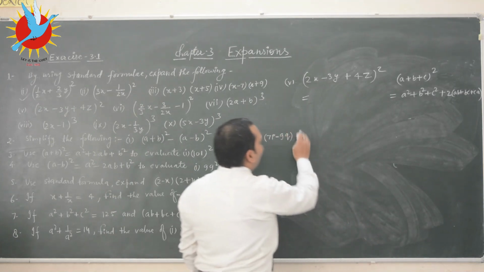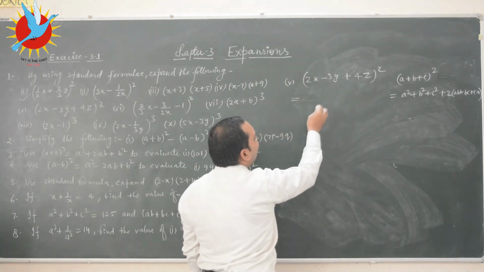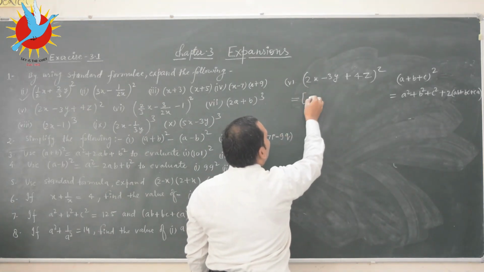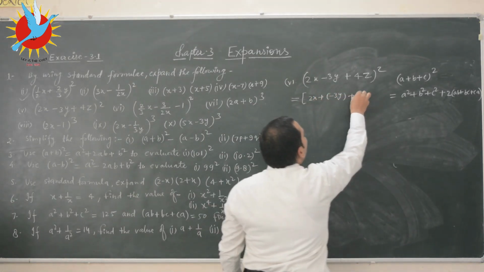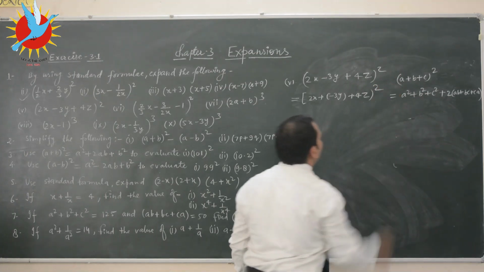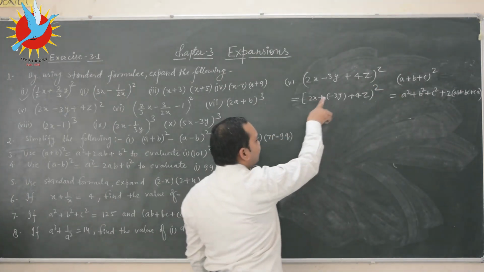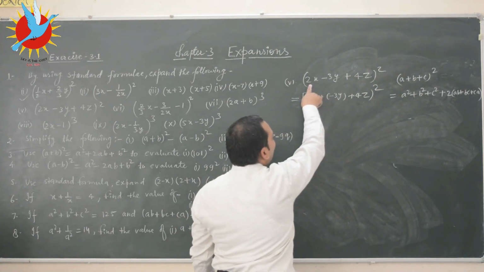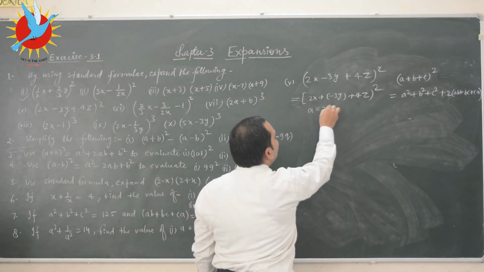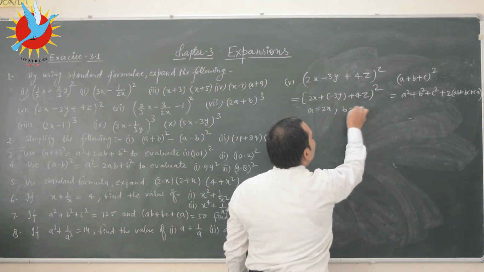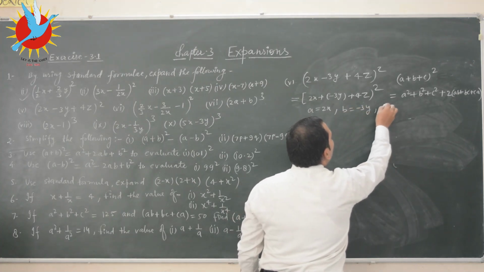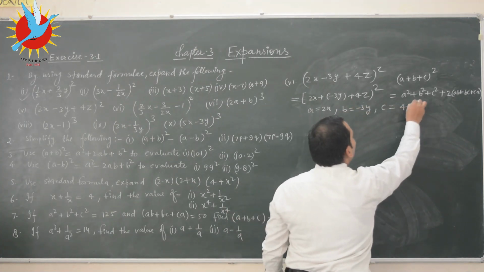So here first we write in the standard form, that is A plus B plus C, 2x plus minus 3y plus 4z whole square. So now this is in A plus B plus C, but the value of A is 2x, the value of B is minus 3y, and the value of C is 4z.